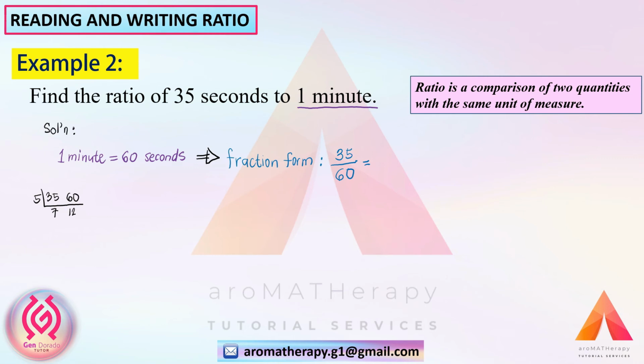And this number, 5, is the number we're going to use to divide 35 and 60. So we have GCF of 35 and 60 is equal to 5. So what is left? 7 and 12. 7 will become your numerator and 12 will become your denominator. So that's the shortcut.